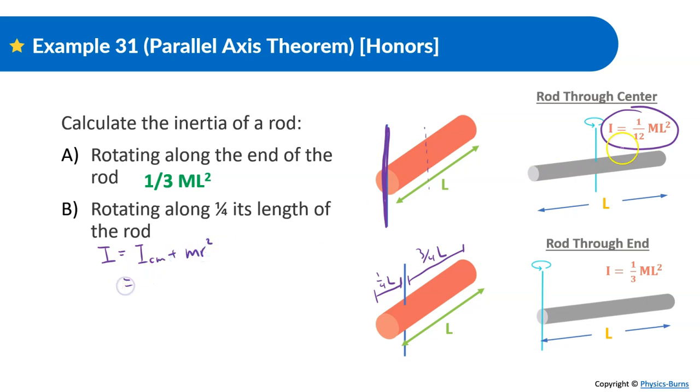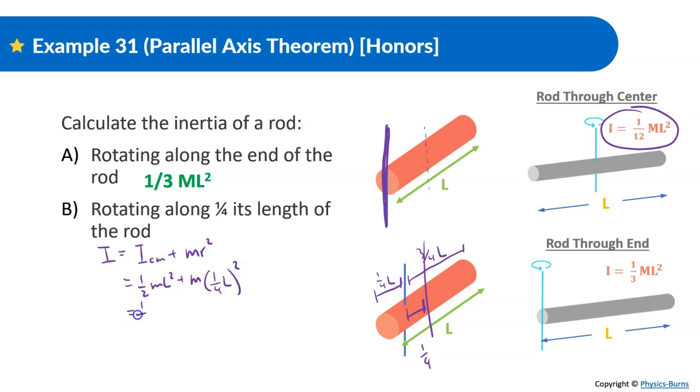We know the center is the same, 1/12 ml squared, plus the mass. And the r is going to be a little bit different. This is half, so how far is it from that center point? It's going to be another 1/4. So we can put this r as 1/4 L, squared.